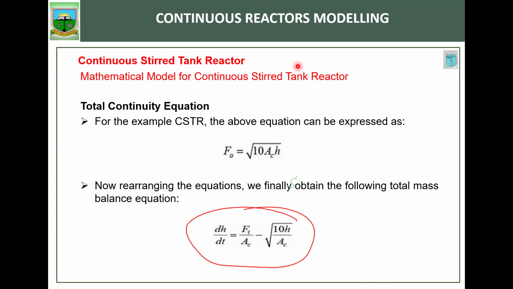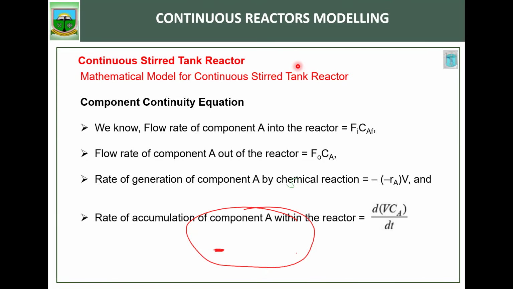Therefore, the change in height in the reactor is controlled by the input over the area minus this term. So that's the total material balance equation for the CSTR.